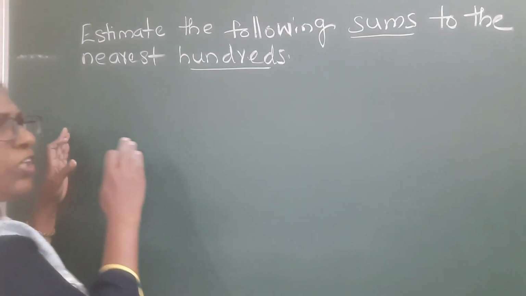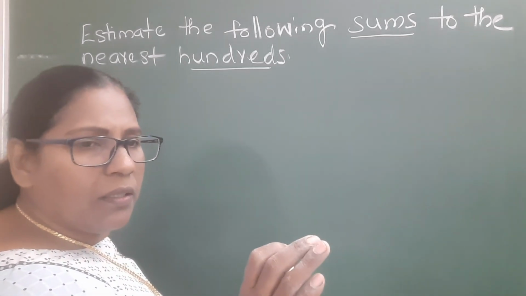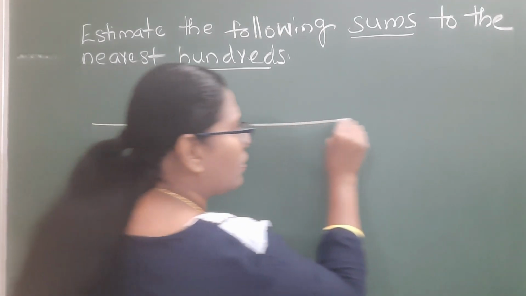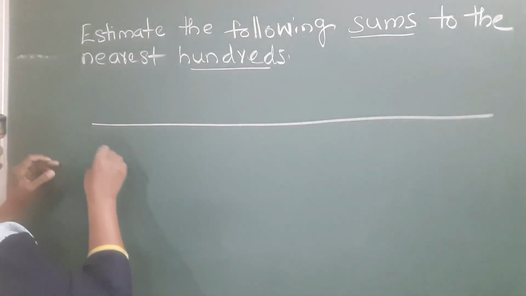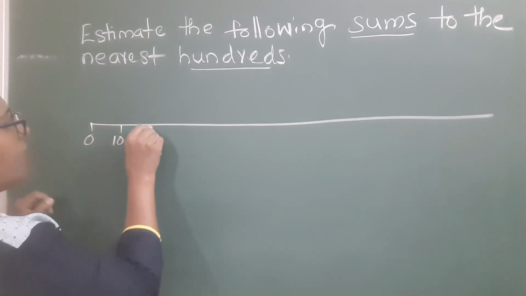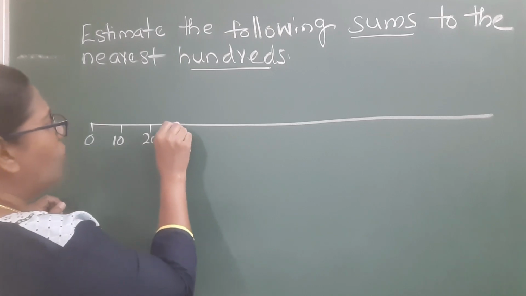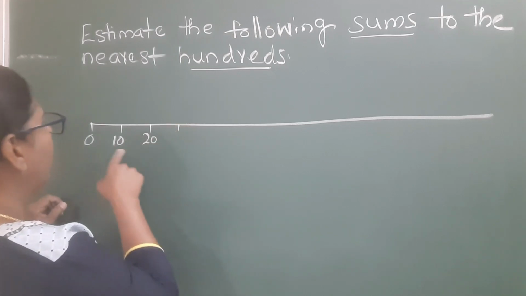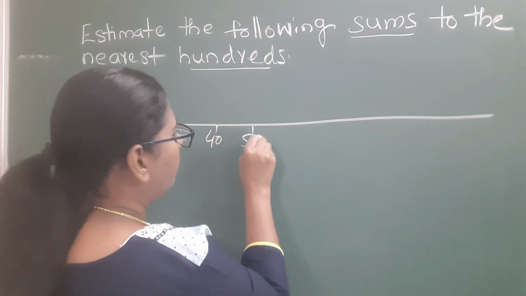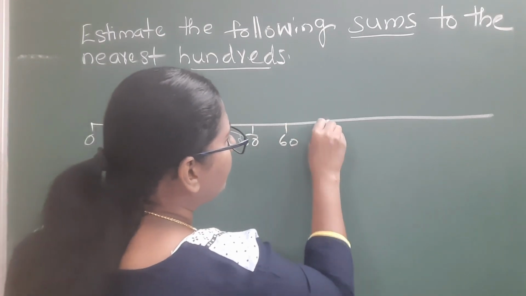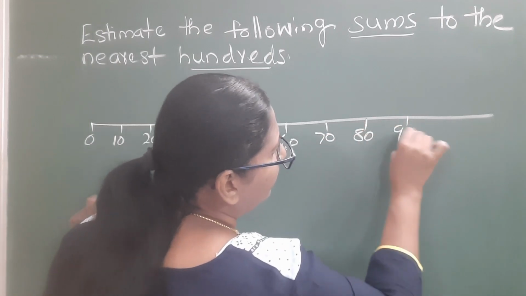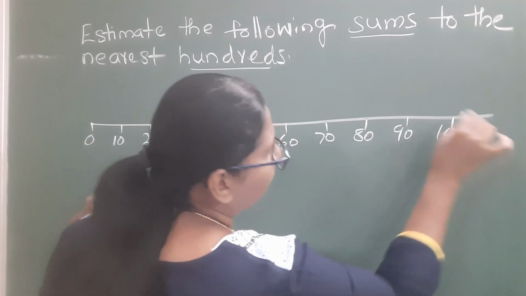So here, we already learned that scale for the nearest tens. Now I will show you how to do the nearest hundreds. Instead of 1, here it will be 10. 10, 20, 30, 40, 50, 60, 70, 80, 90 and then 100.